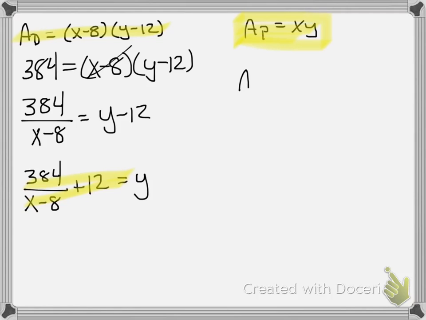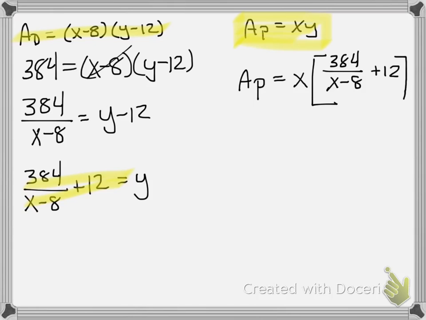So now just substitute that into our equation up here for the area of the poster. And we have our area of the poster is equal to X times 384 over X minus 8 plus 12. So now we will need to take the derivative of the area for our poster.